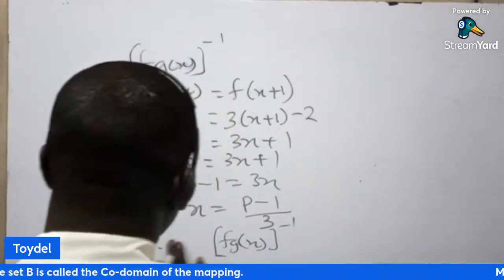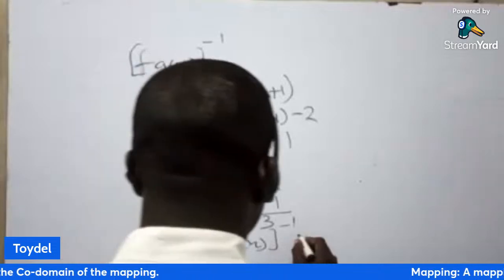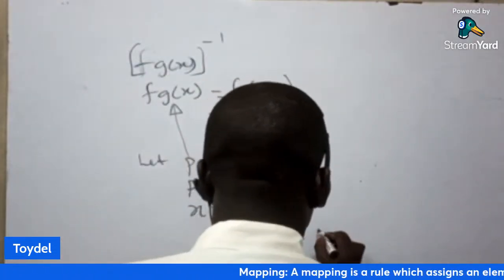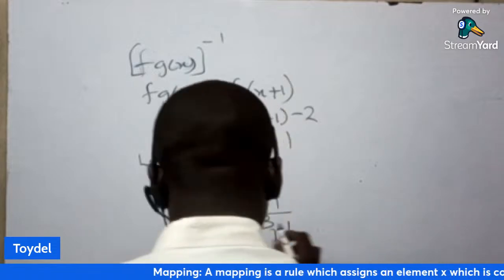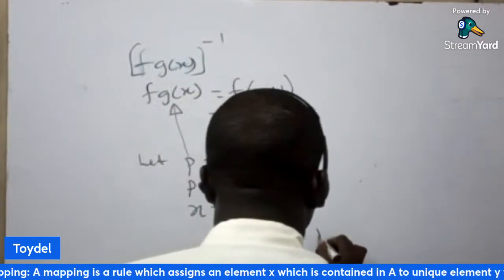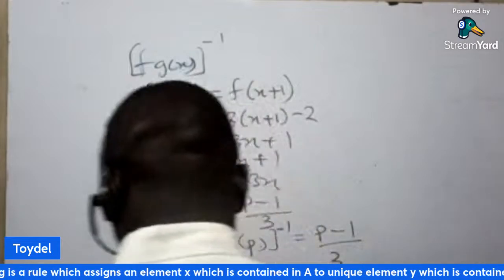No, this is P. P inverse of x is equal to P minus 1 all over 3.